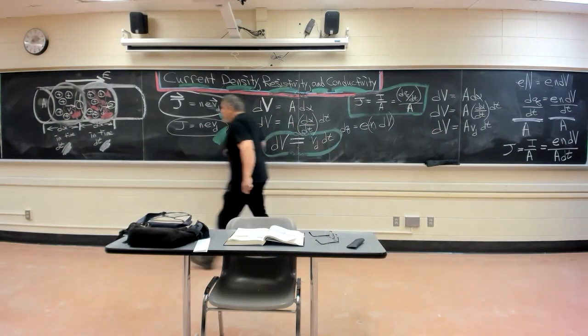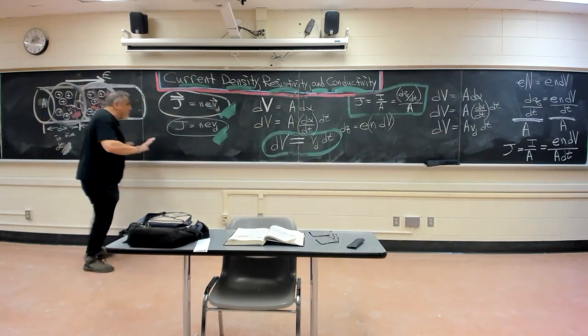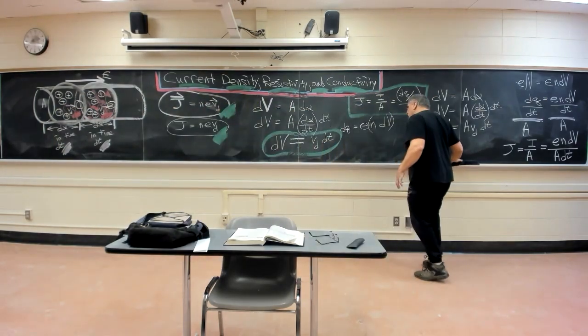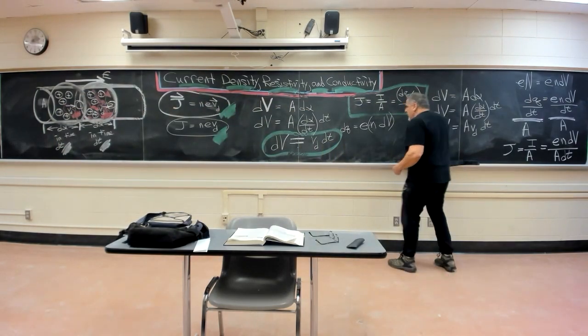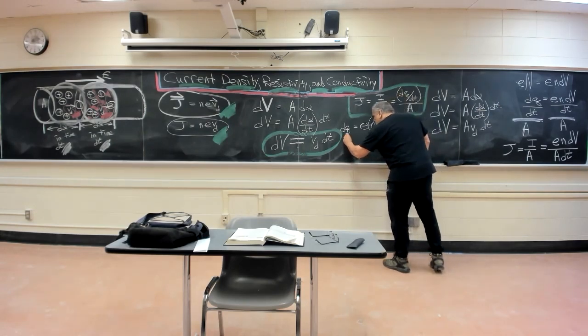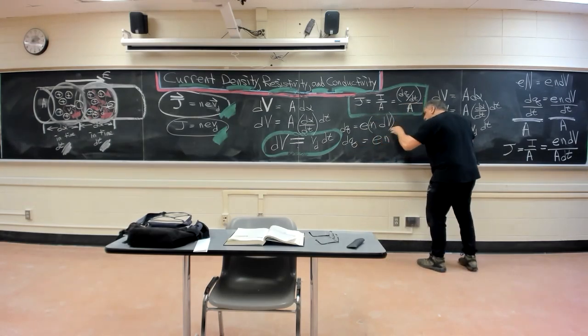And dq, like I said, is right here or right here, as long as it's the same differential volume, or anywhere else, as long as it's the same differential volume with the E field being applied. Then you say, okay, fine. Are you okay with dq being En delta V?